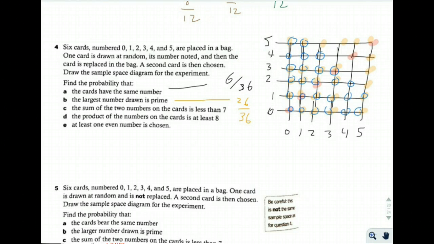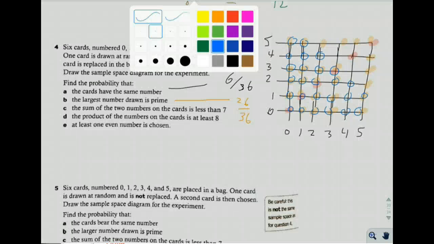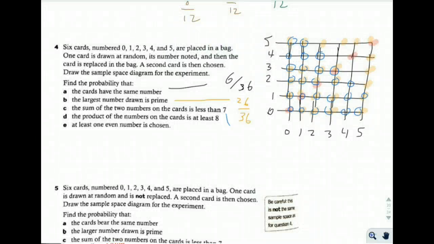Okay, so that's pretty much everyone except for 10, so that would be about 26 over 36.